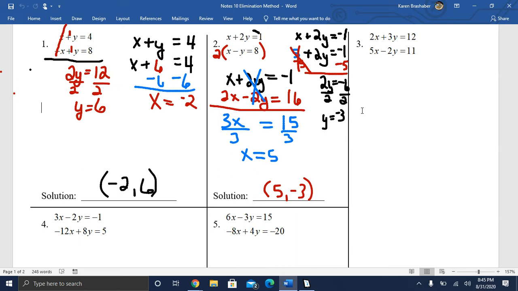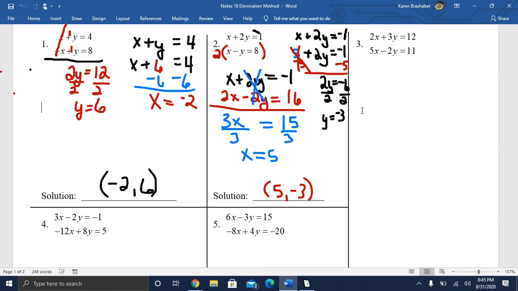And so we were able to eliminate a variable on problem 2 just by multiplying one equation. So problem number 1, we didn't have to do anything to either equation. We just started off adding. Problem number 2, we had to take one equation times something so that we could get a variable to eliminate.